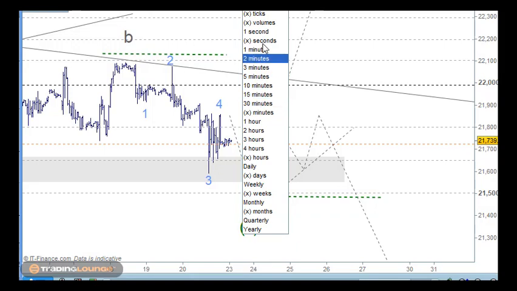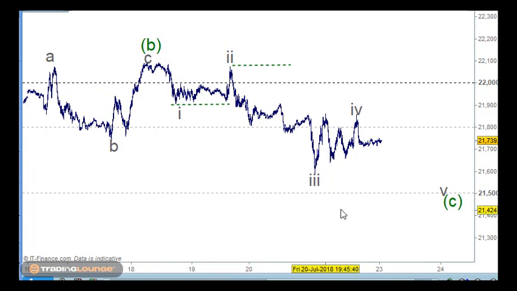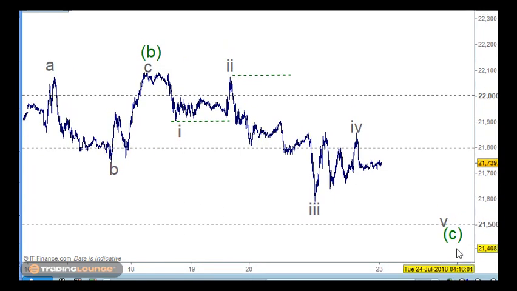Okay, so this is a little bit messy in here, but I was looking at the tick chart. And normally the tick chart goes out quite nicely, but this is it here. So I've got it in a different labeling, but it doesn't matter. It's really the count that's important. So this is clearly wave 1. Wave 2 is cool.